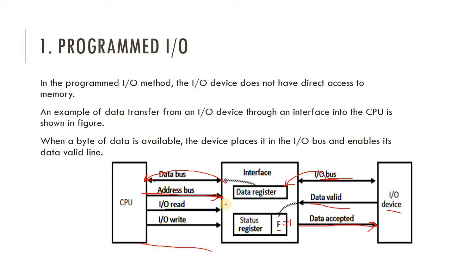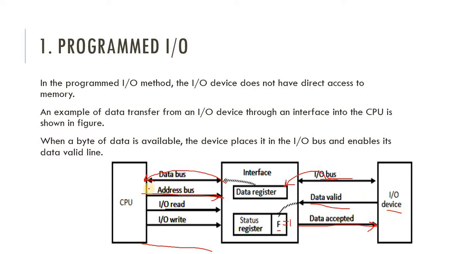Now the CPU can perform two operations, which are the IO read operation and the IO write operation. So here, with the help of the keyboard, some data is received, and that data is stored in the data register. Now the data of the data register is transferred via the data bus and stored in the computer's memory. After that, this data is requested to be displayed on the output device.